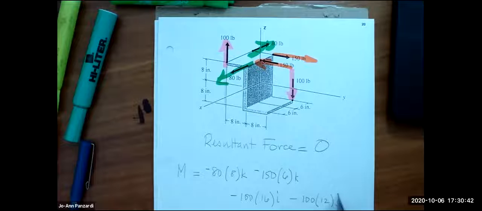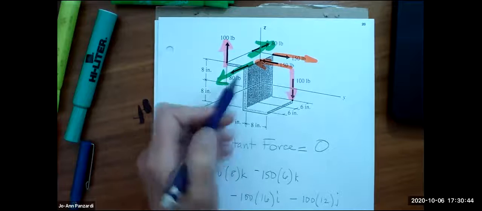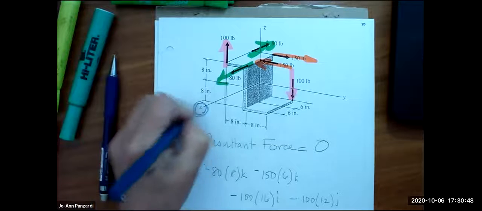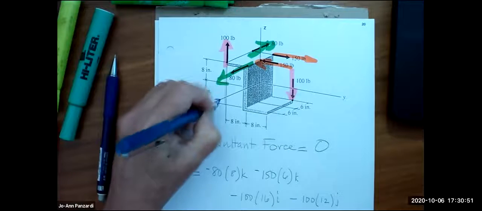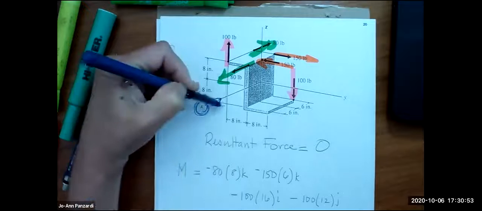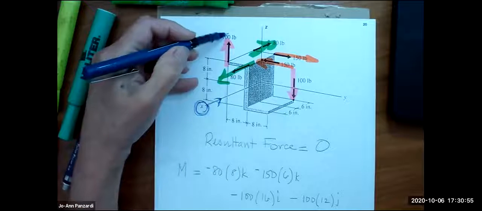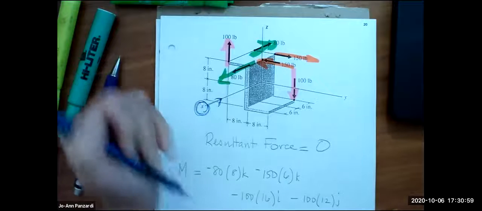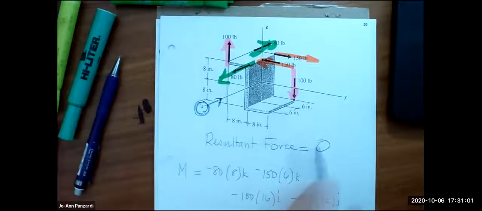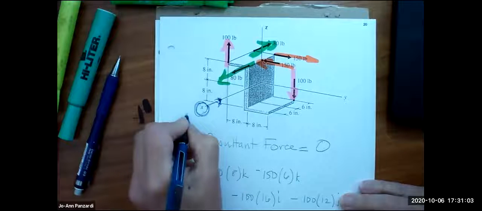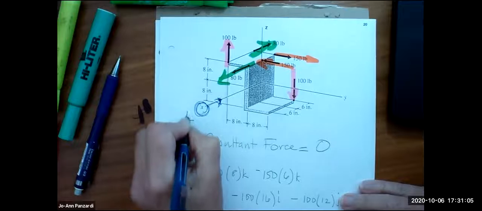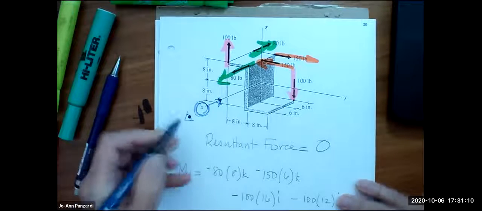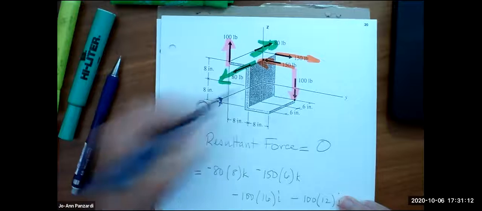Okay, so for this pink one, if you're trying to find the moment about the X, look in this direction. The 100 is up on the left, and it's down on the right, and it creates a negative about the X. I shouldn't put an arrow, let's put an eyeball. Does that look like an eyeball? I'm looking in that direction.